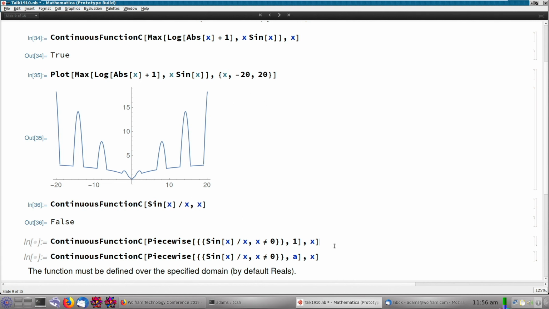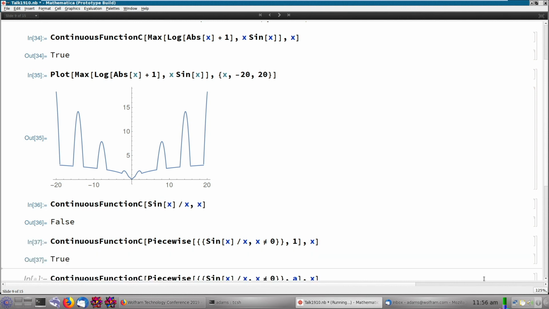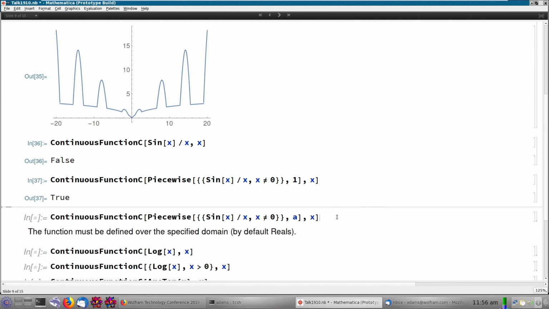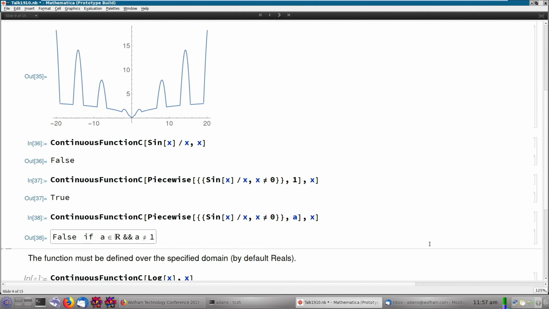If we say that it's a piecewise function that outside 0 is sine of x by x and at 0 is 1, then it's a continuous function. And if we put a there, we'll get a condition saying that the function is not continuous unless a is 1.